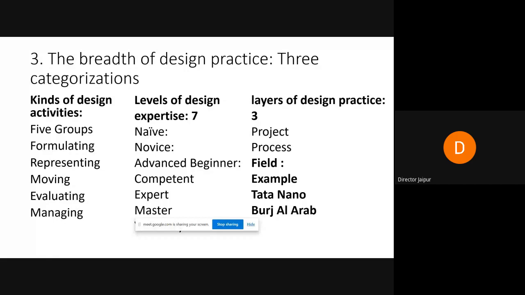Here you need a layer of design expertise for your organization, which gives you intellect and a good working environment in your organization. In the third layer, where you have this design practice, this is what is called a field. Why do we call it a field? Because here you are in an intellectual organization, and the physical environment that you are working in is where it can take place.